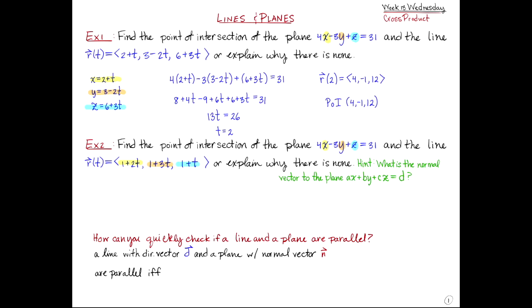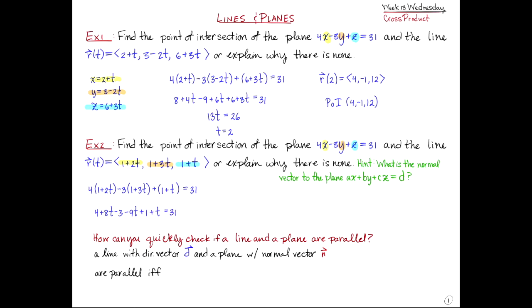Doing so, we get 4 times 1 plus 2t minus 3 times 1 plus 3t plus, in place of z, we're subbing in 1 plus t, equal to 31. Simplifying on the left-hand side, we have 4 plus 8t minus 3 minus 9t plus 1 plus t equal to 31.